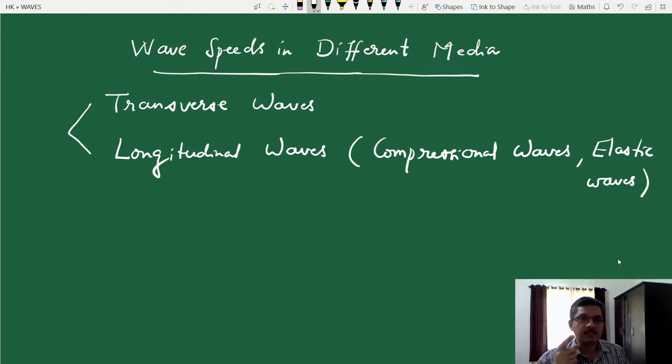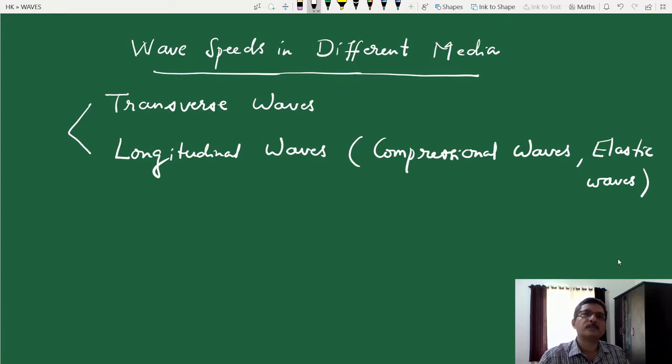That means these vibrations need not be vibrations of particles of the medium, as in the case of waves in material media; it can be vibrations of electric and magnetic fields. So if the direction of propagation of the wave is perpendicular to the vibrations of either the particles of the medium or the vibrations constituting the wave, then it's a transverse wave.